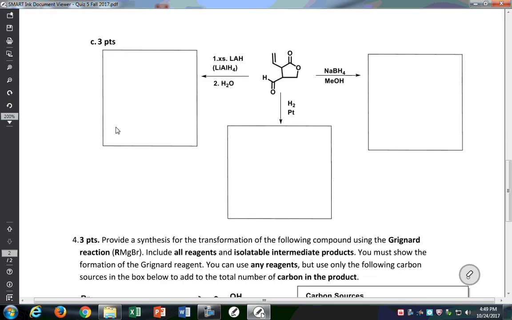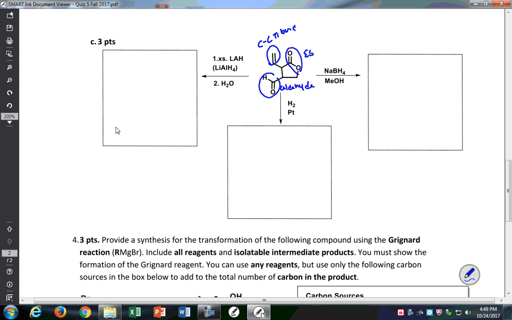What we're looking at here is a bunch of reducing agents with different reactivities. So the first thing that we want to consider is our different functional groups. We have a carbon-carbon pi bond here. We have an aldehyde, and then we have an ester.